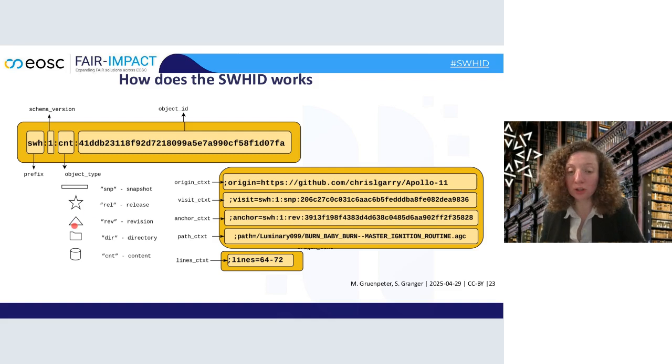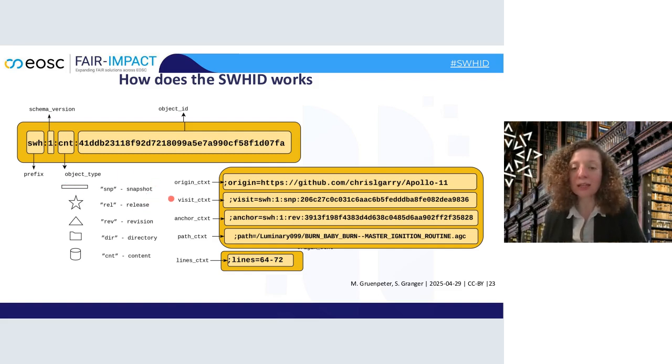Then you have the revision, which is a commit in a development history sequence. And a release is actually very similar to a revision, but it's a tagged release with a note, and it shows that this specific item target is a release.